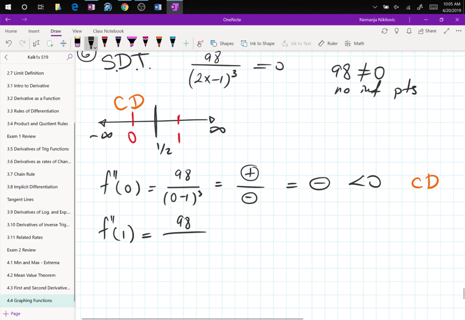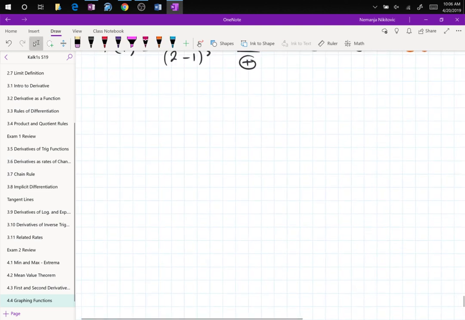That's 98 over (2 minus 1) cubed. Positive divided by a positive equals a positive, larger than 0. Concave up. See, never give up. Even if you have to redo the 30-minute calculation for something that technology can get in less than a second, right? Right. So what do?